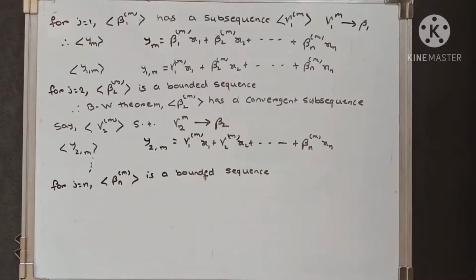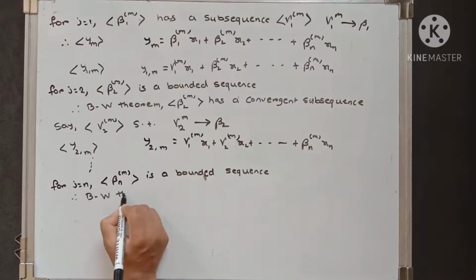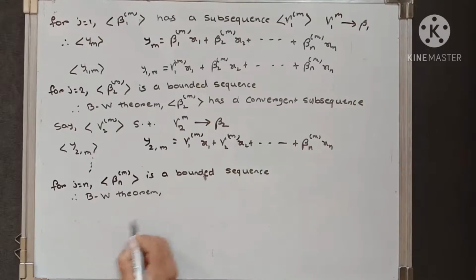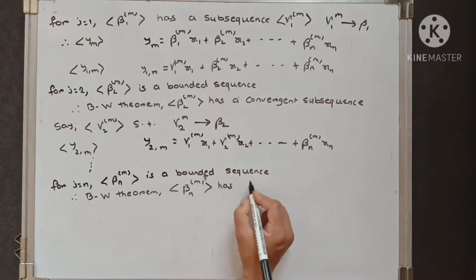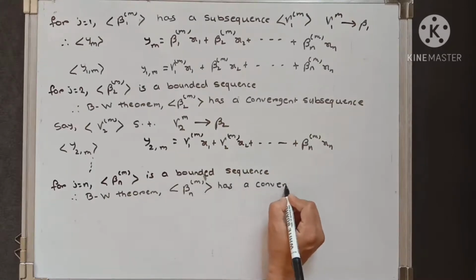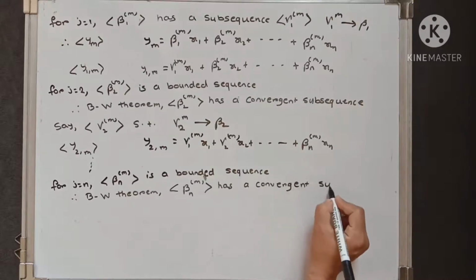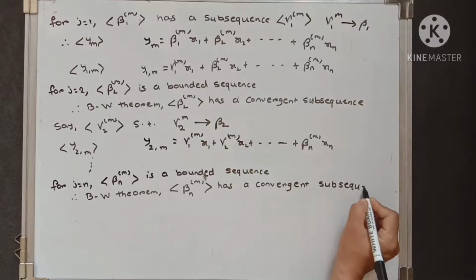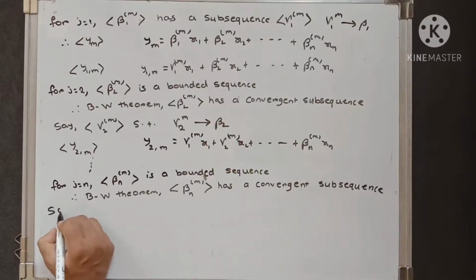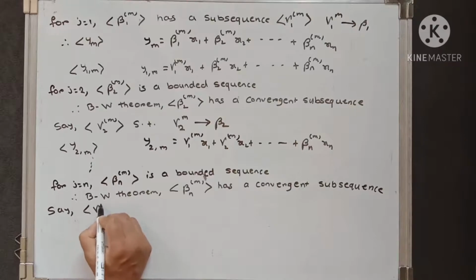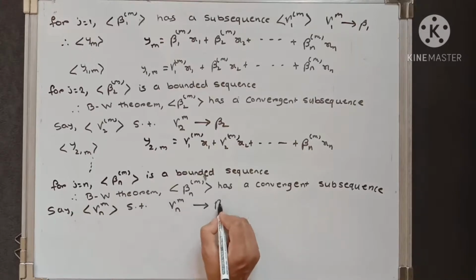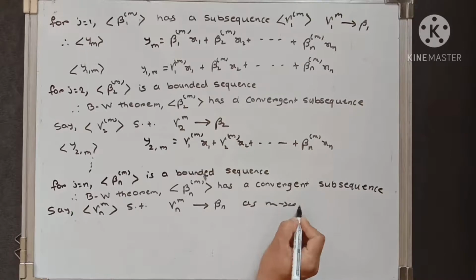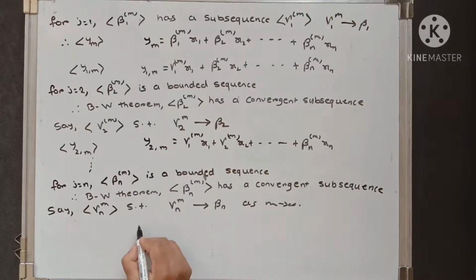Now beta nm is a bounded sequence, therefore by the Bolzano-Weierstrass theorem, the sequence beta nm has a convergent subsequence, say gamma nm, such that gamma nm converges to beta n as m goes to infinity.